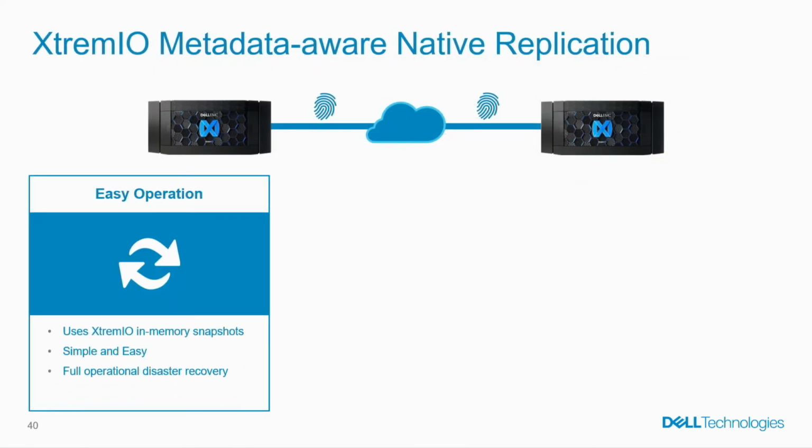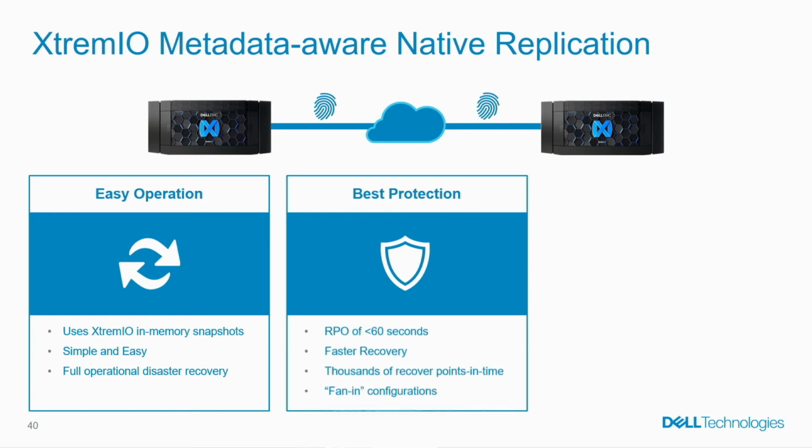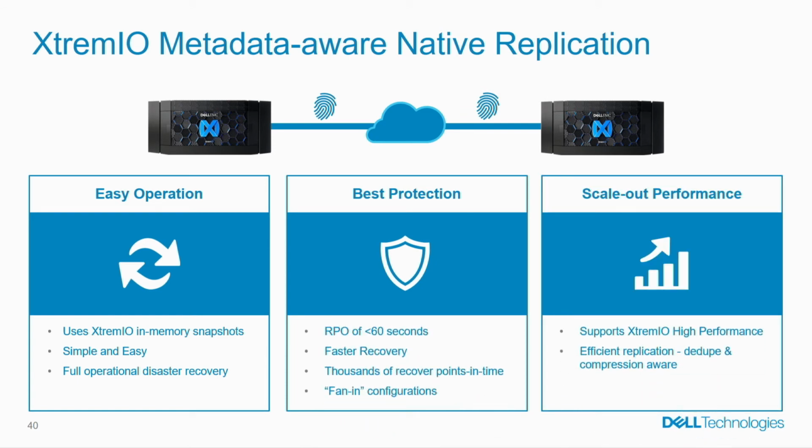XtremIO metadata-aware native replication. As I said, it is one of the most efficient array-based replications. Since all the metadata of XtremIO resides in the RAM of the storage controllers, we are aware of the changes between the source and destination, and then we can choose to replicate only specific and unique changes and metadata changes.